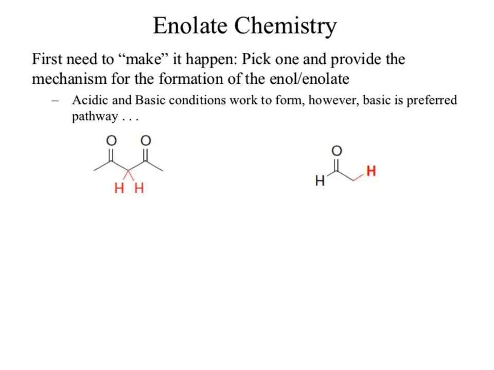I would really kind of like you guys to work through the mechanism here, but I'm going to show it for you on the right structure. So since I'm asking for an enolate, the enolate is negatively charged, so I'm effectively asking this to run under basic conditions. The basic conditions tend to be a little bit easier to see.